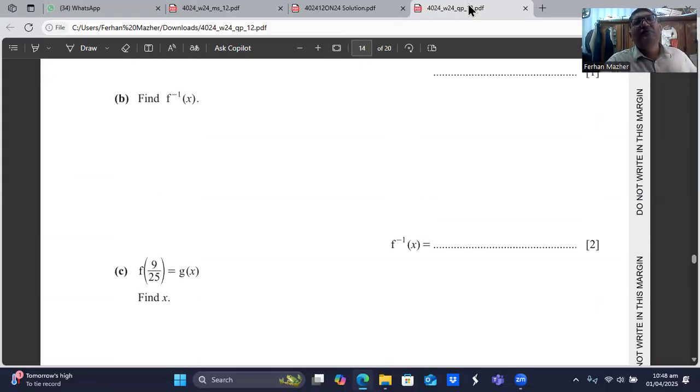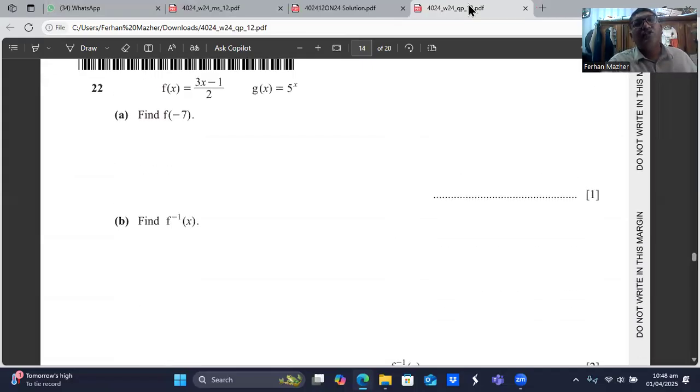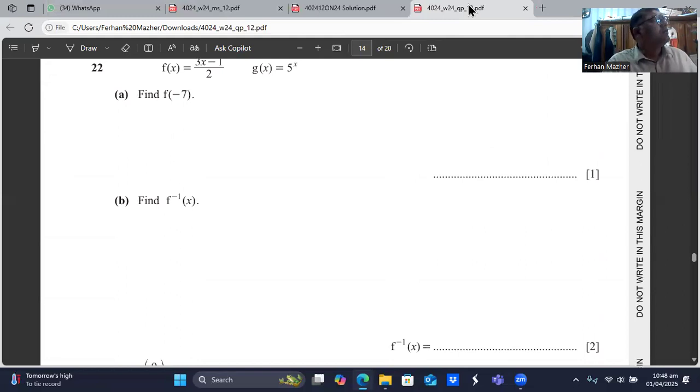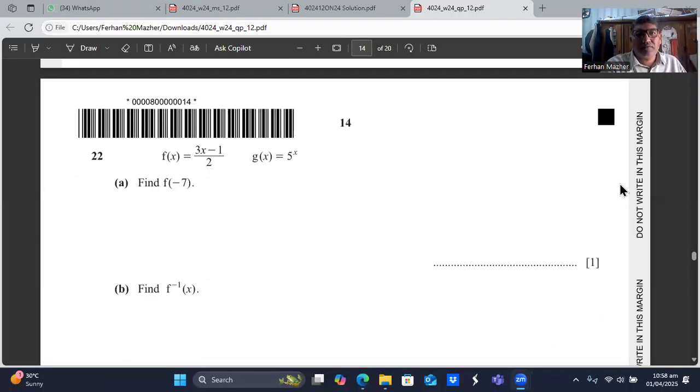So now we have question number 22. Here, two functions are given.